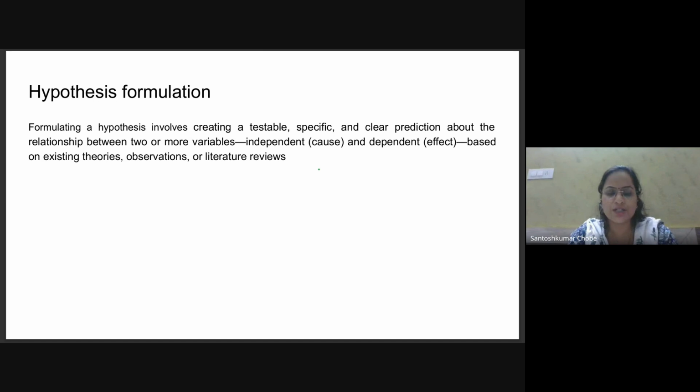Hypothesis formulation is a scientific process in which we create a testable, specific, and clear prediction, a statement of proposal about the relationship between the independent and dependent variables. It is based on existing theories, observations, and literature reviews. So this is all about the hypothesis, the types of hypothesis, and hypothesis formulation. I hope this is clear.